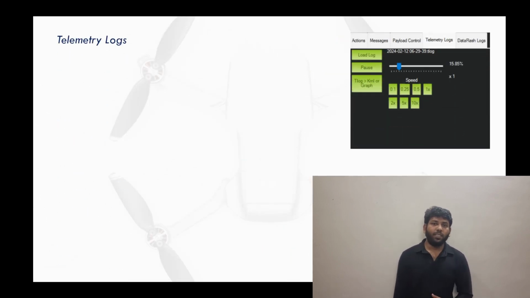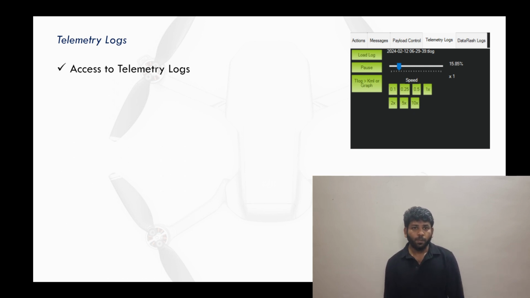In Mission Planner, the telemetry log panel is a feature that allows users to analyze telemetry logs recorded during drone flight. The telemetry log panel provides access to a list of telemetry log files stored on your computer. These log files contain data recorded during previous flights, including GPS position, altitude, airspeed, battery voltage, and other sensor readings.